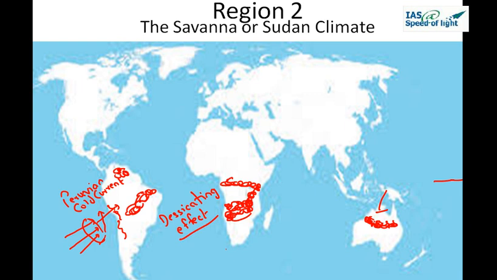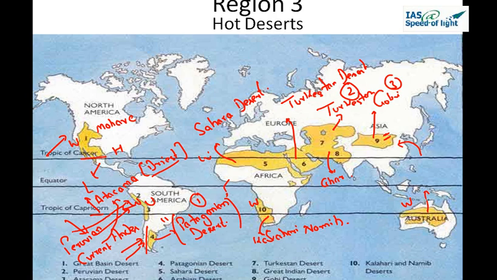So the cold currents also play an important part for the location of these deserts on the western coast of the continents, of the major part of the world. So it becomes a really important question. In Mains 2013 they asked a similar direct question: what is the reason for the location of these subtropical high pressure deserts on the western coast of the continent?